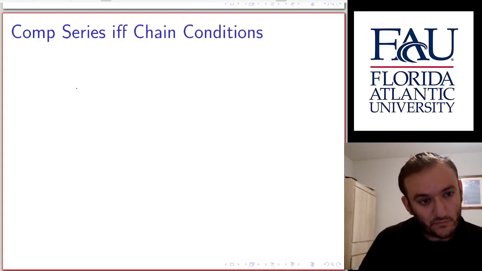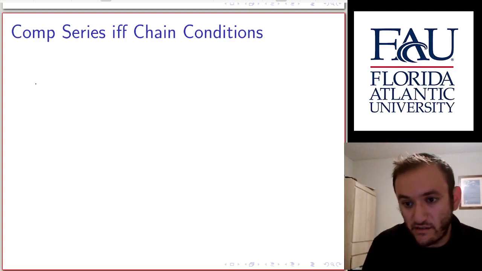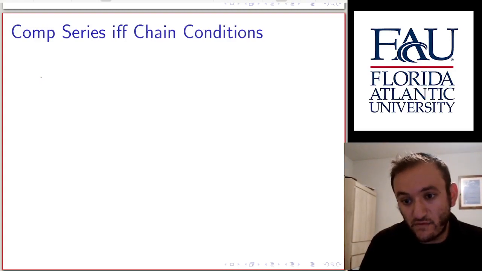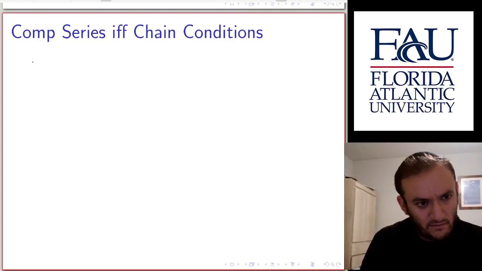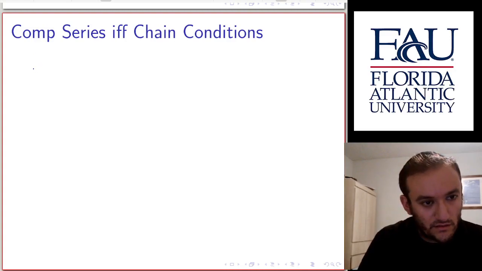Okay. So a module has a composition series if and only if it satisfies both chain conditions. This is not hard to see. I mean, you just basically write it down.